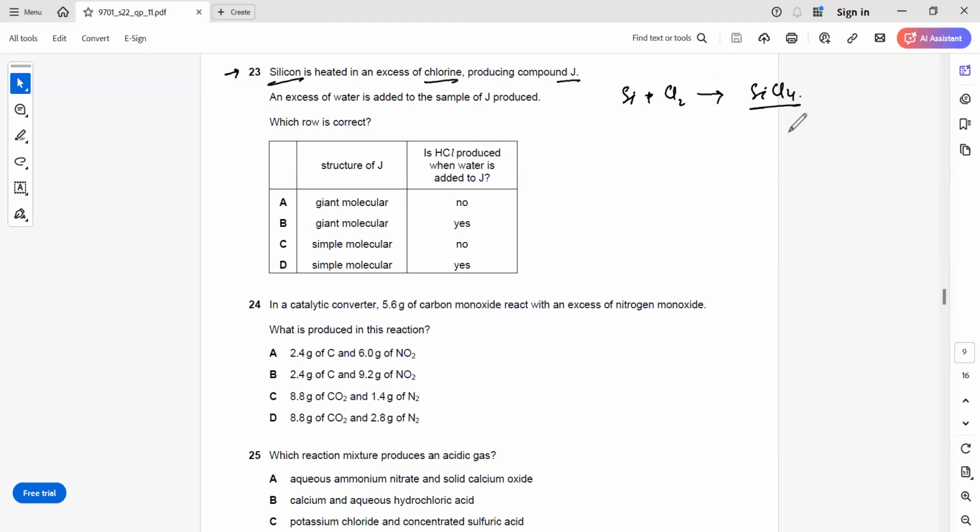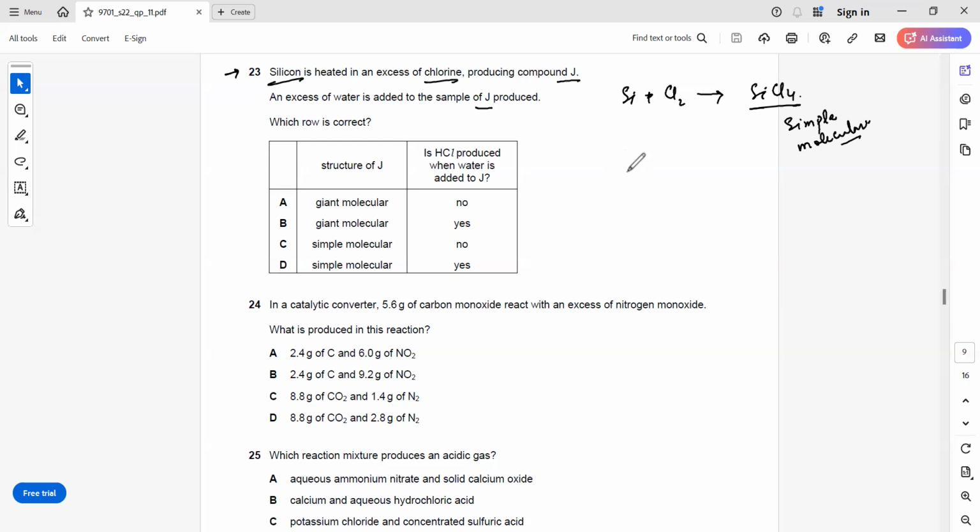And we have discussed their properties. Which type of compound is SiCl4 actually? It's a simple molecular compound, right?